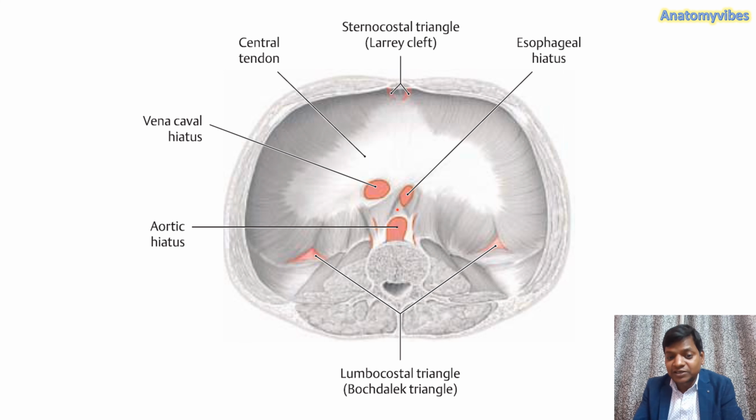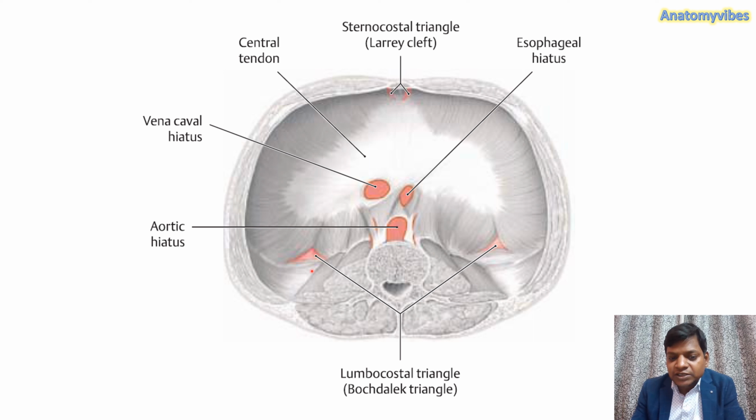We will see further. This triangle is very important here. This is the lumbocostal triangle. On the posterolateral side of the diaphragm, you can see this small part where the diaphragm is not so thick, because here it develops from the membrane.